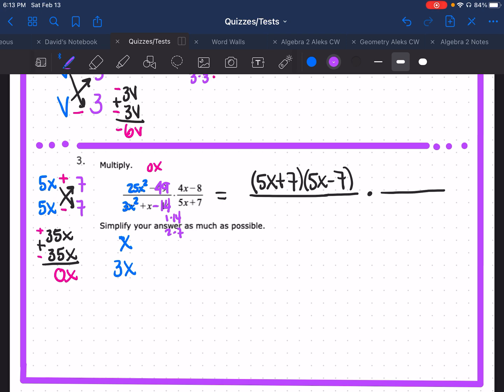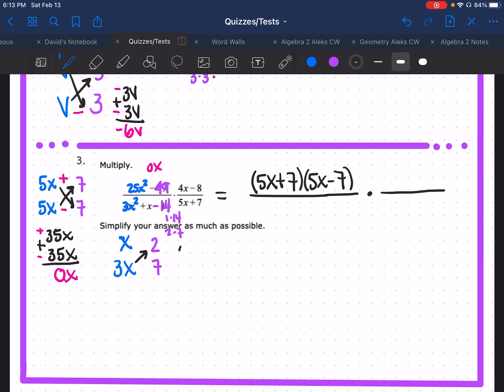Something in my gut is telling me to use the 2 and the 7 because 2 plus 7 is 9, and 1 plus 14 is 15. 9 is a little bit closer to 1, which is my B term, than 15. So I'm going to try these two first. And I'm going to put the 2 here because I have to multiply it by the 3. And 3 times 7 is 21, and that really scares me. So I'm going to try this.